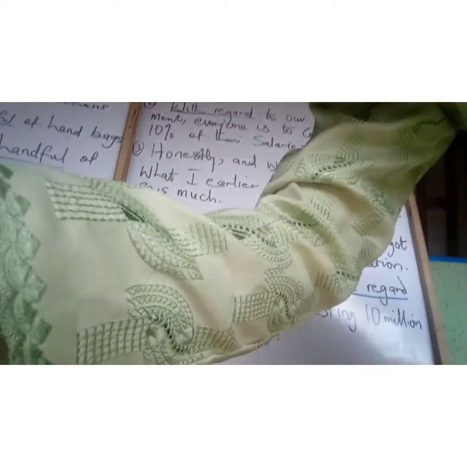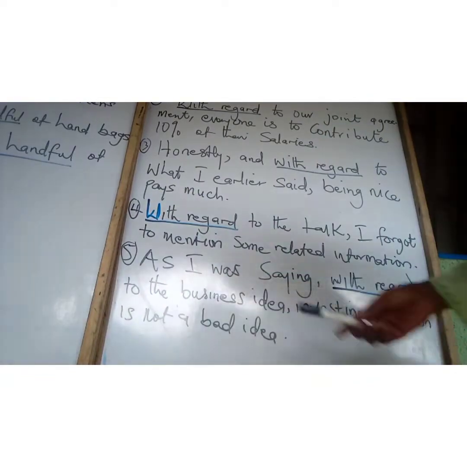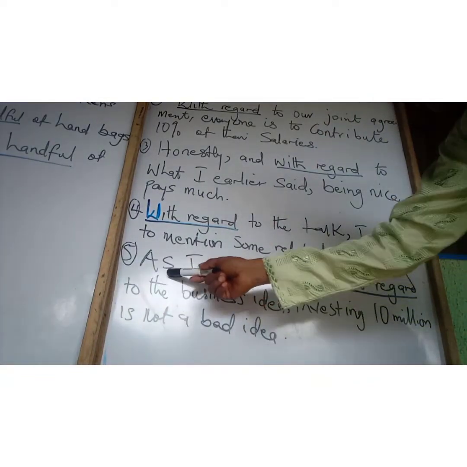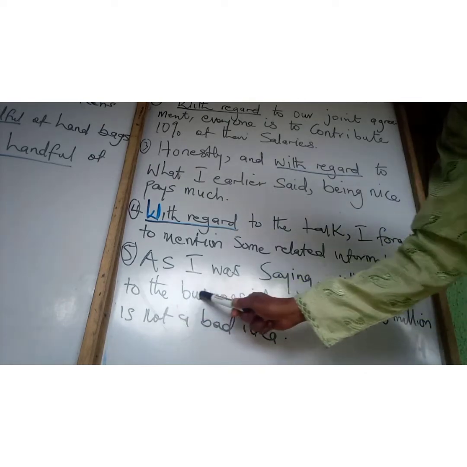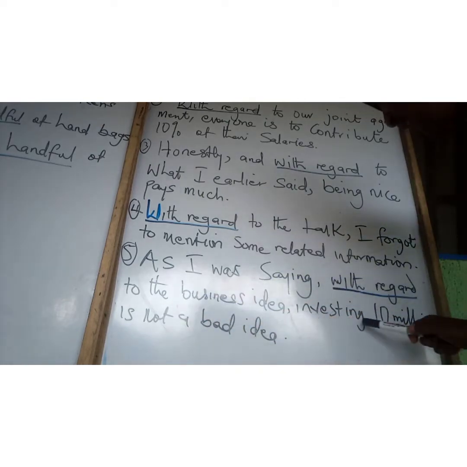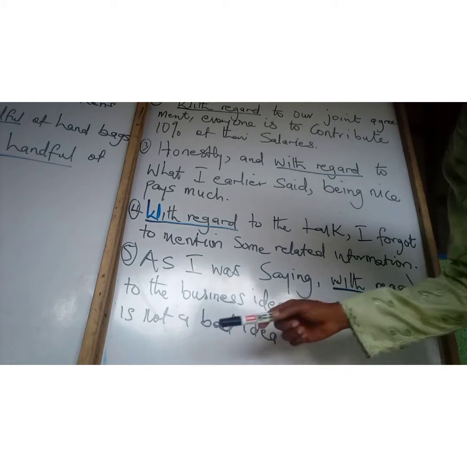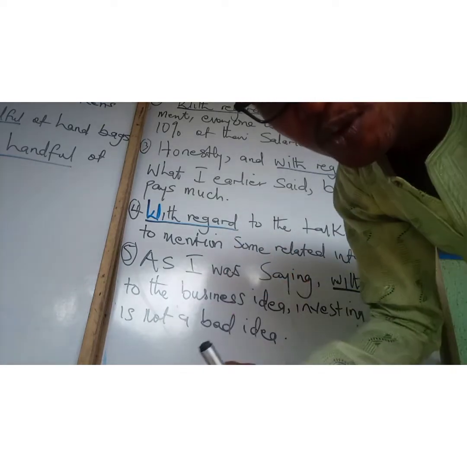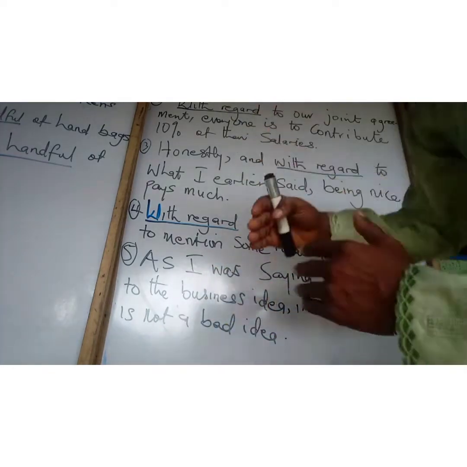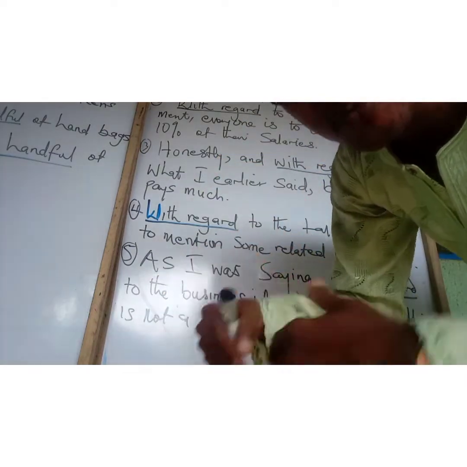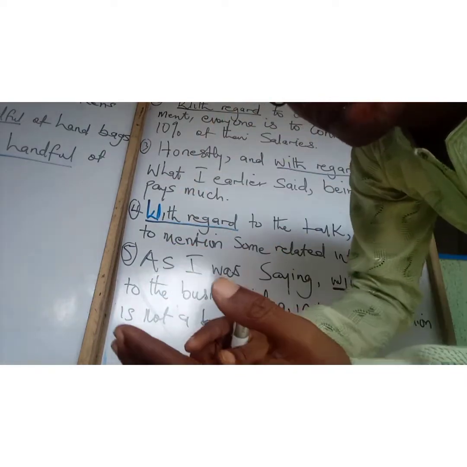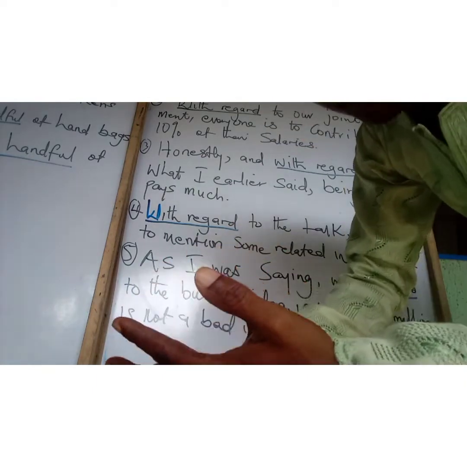Investing what? 10 million. As I was saying, with regard to the business idea, investing 10 million is not a bad idea. So you can see that I've used almost 5 sentences to reveal to you the correct way of using a handful and with regard.